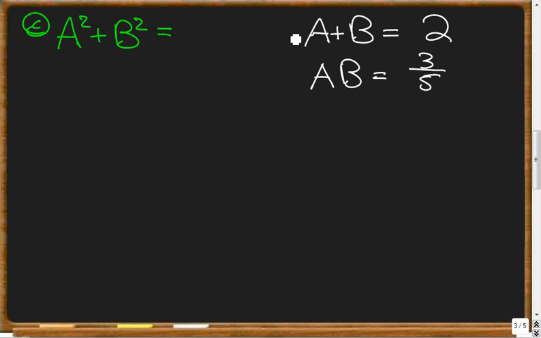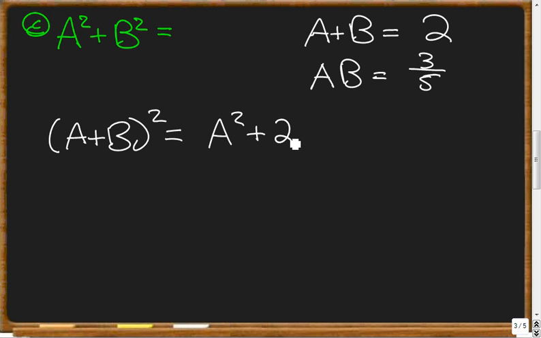So how do we put all of this together? Well, what if I told you that we could say, well, what is a plus b squared? Well, a plus b squared, if we FOILed, would be a squared plus 2ab plus b squared.